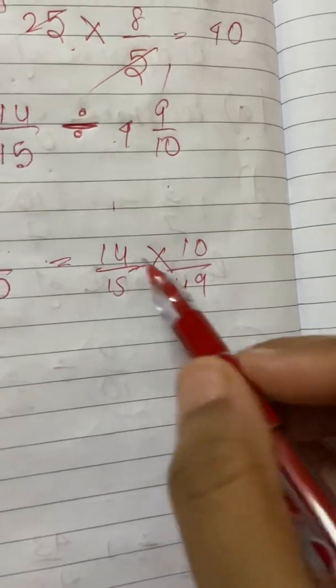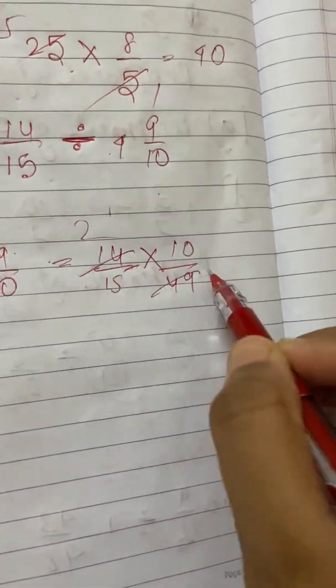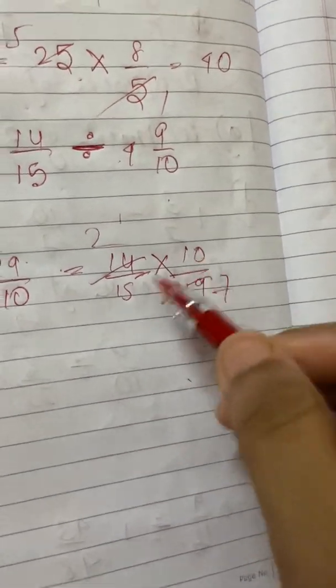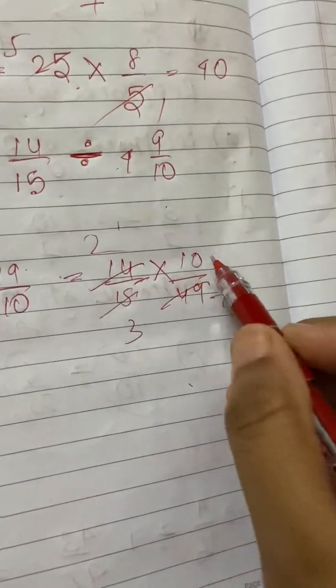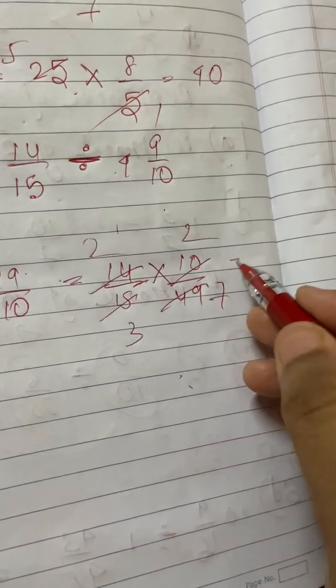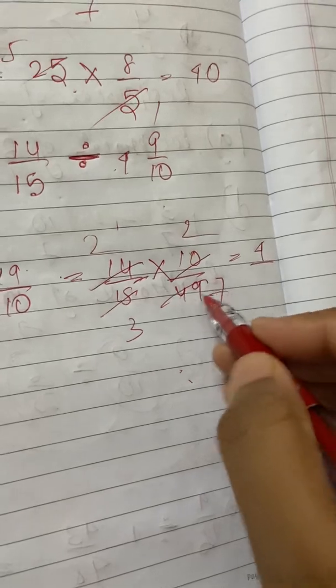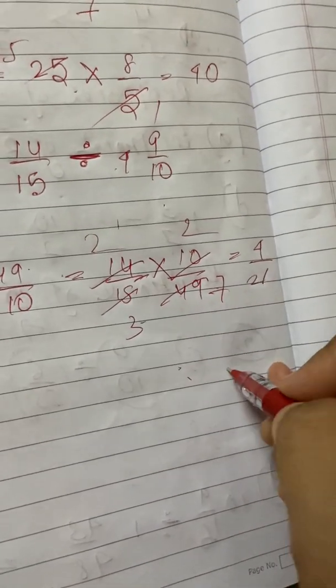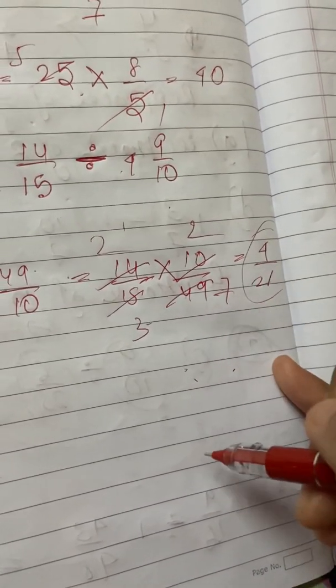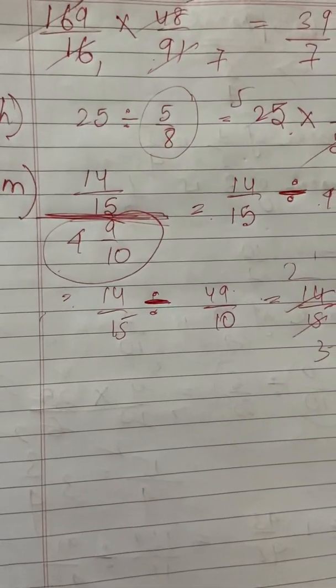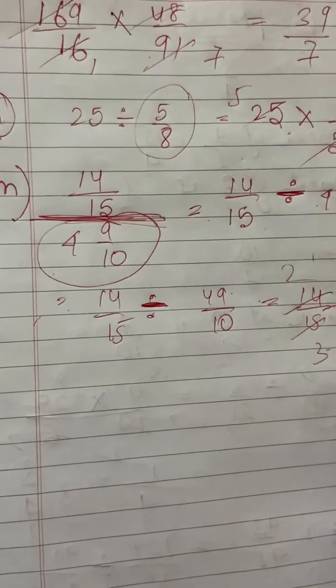Both the numbers are divisible by 7. So 7 2s and 7 7s are. These numbers are divisible by 5. So 3 and 2. So the number stands 2 into 2, 4. 7 into 3, 21. This is the number. So this is how you will do the question L, M, N and O.